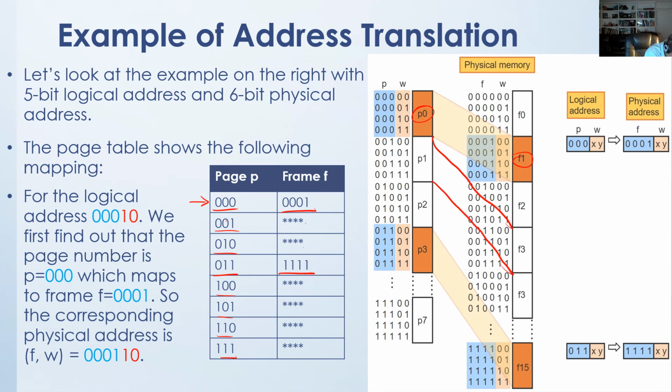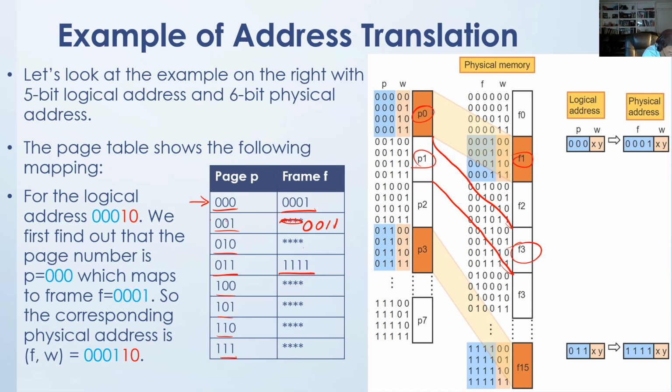Okay, and then I update this page number 1, and I update this one to frame number 3. That's 0, 0, 1, 1. Okay, so the page table should reflect this change, if I map P1 to F3.